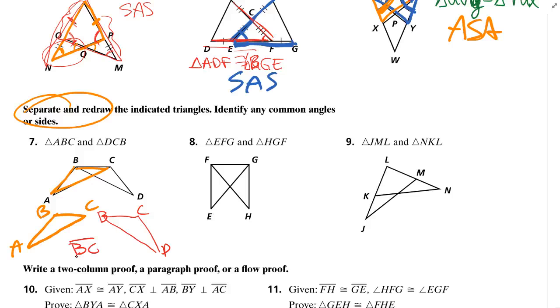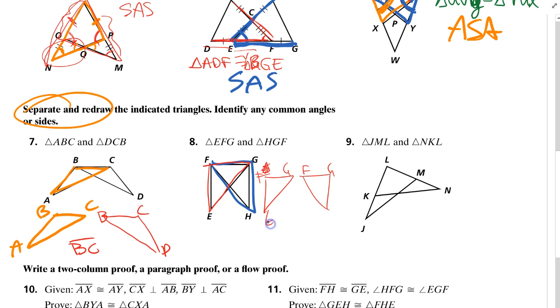Now, on number 8, you can see this and this. And so this would be triangle FGE and FGH. So it's FG that's common to both.